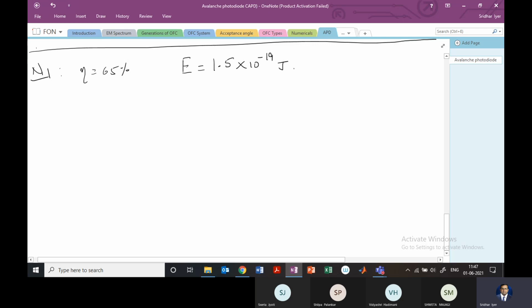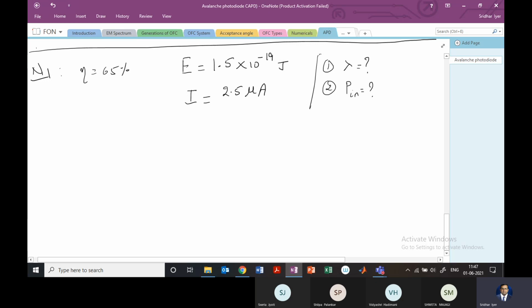Okay. The question is, I'll write the question here in terms of parameters. One, at what wavelength is the photodiode operating? Second, calculate the incident optical power required to obtain a photocurrent of 2.5 microampere when the photodiode is operating as described above, right?